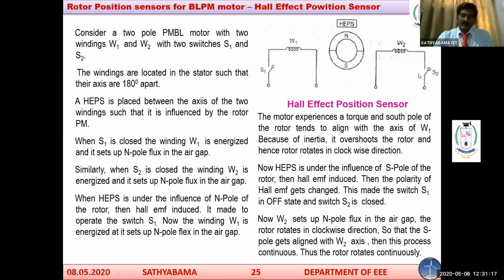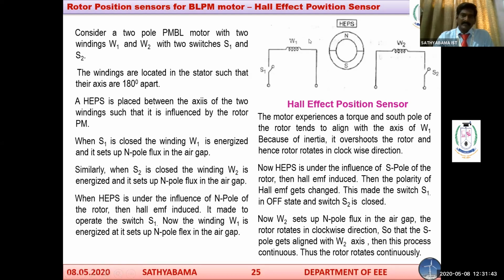Similarly, when the switch S2 is closed, winding 2 is connected to the supply, and winding 2 produces a north pole flux in the air gap. The Hall effect position sensor operates when it is under the influence of the north pole of the rotor.